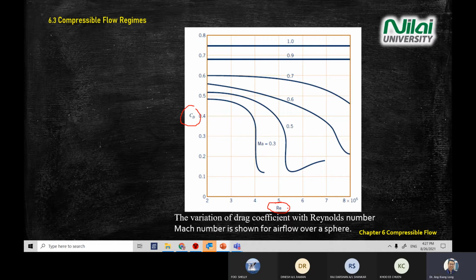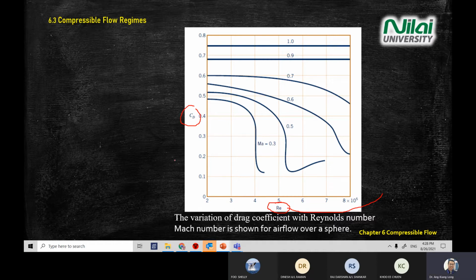Reynolds number is an important parameter for this module, so you need to know how to calculate it. As you can see, the values 0.3, 0.5, 0.6, 0.7, 0.8, 0.9, and 1 are the Mach number.